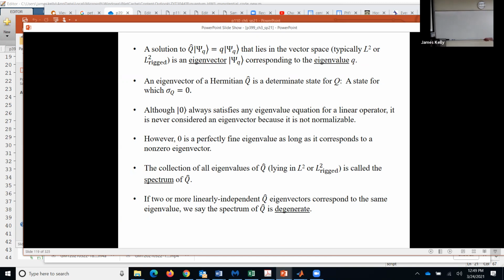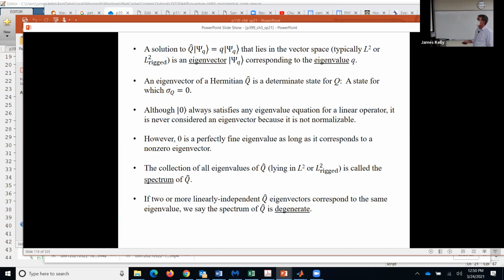We mentioned last time that one of the reasons we're concerned about eigenvalue equations is that for Hermitian operators, when you find the eigenvectors, they are determinate states for that operator. That means the corresponding dynamical quantity, could be momentum, total energy, or position, has a state with zero uncertainty, or zero standard deviation, for the probability density for that variable.